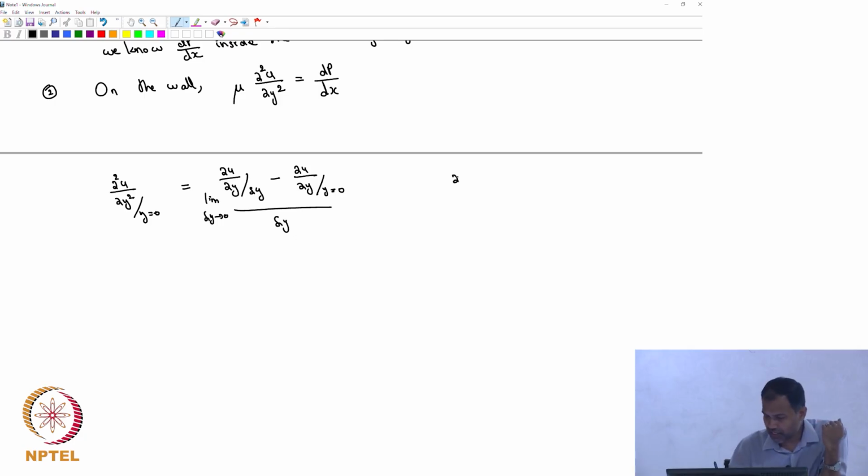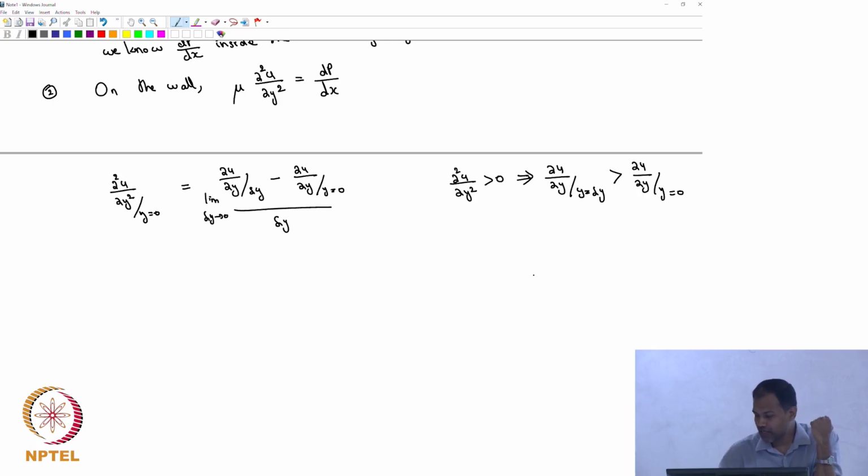And if ∂²u/∂y² is greater than 0, that automatically implies that ∂u/∂y at y = Δy should be larger than ∂u/∂y at y = 0. So that would mean that in my velocity profile, at 0 the slope is smaller, and above, the slope is larger.